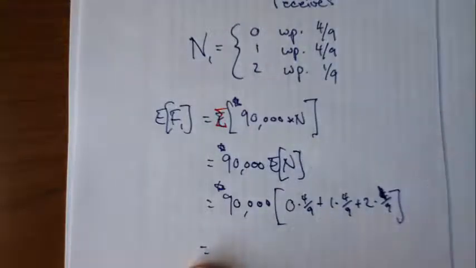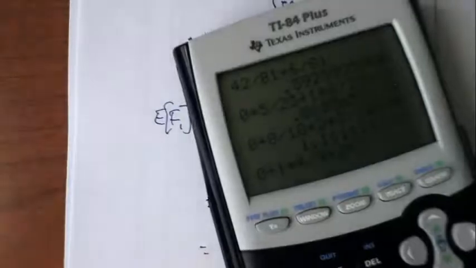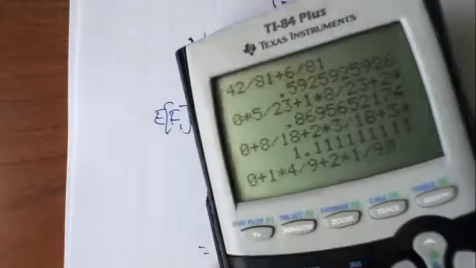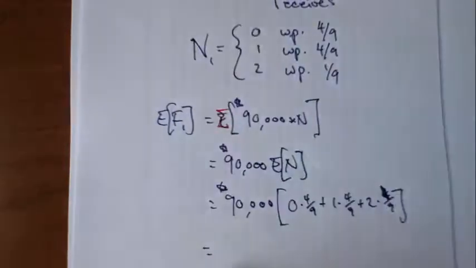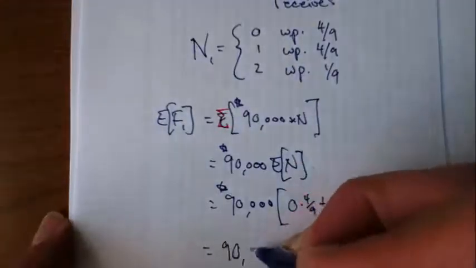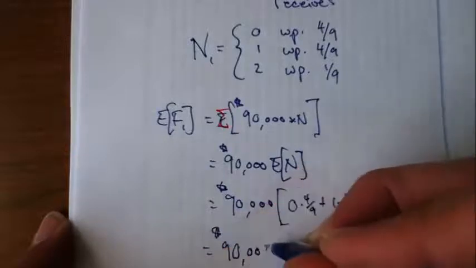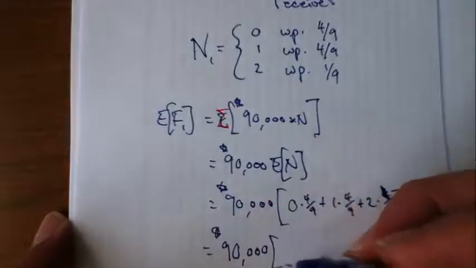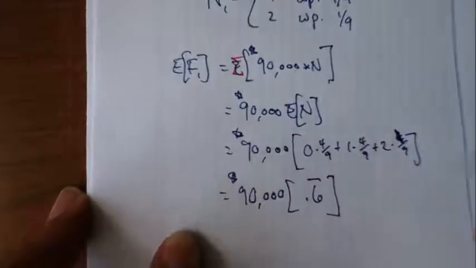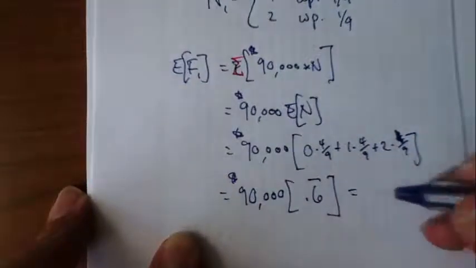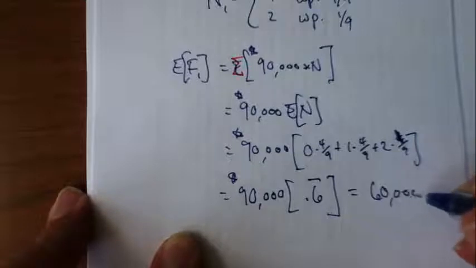That gives 0.66666, never-ending, or 2/3. What's 2/3 of $90,000? 60,000 dollars. Very good.